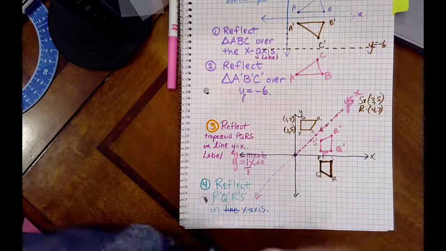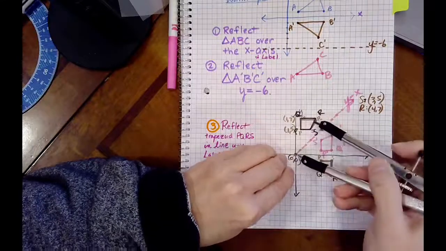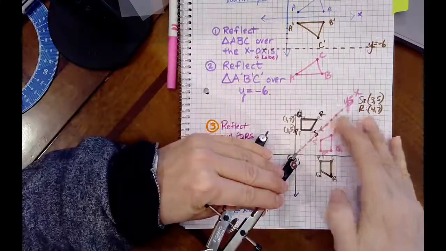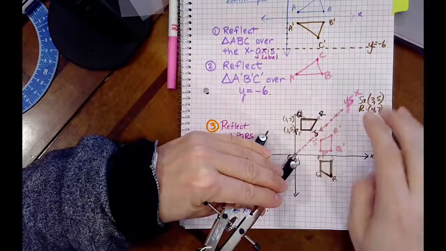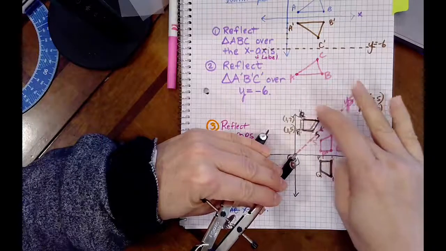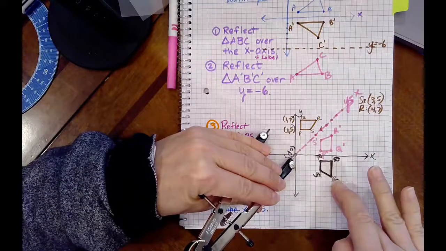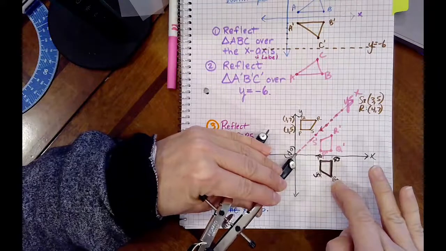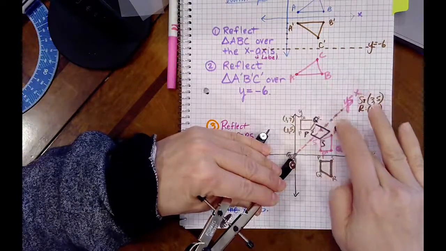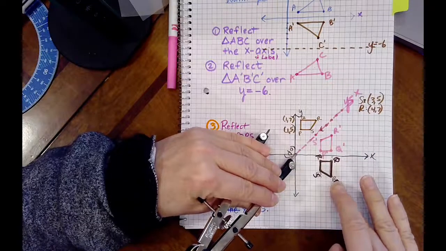Here we had originally trapezoid PQRS. We reflected it again, and notice what happened. It looks like it is getting rotated about the origin, and it maps perfectly onto itself.